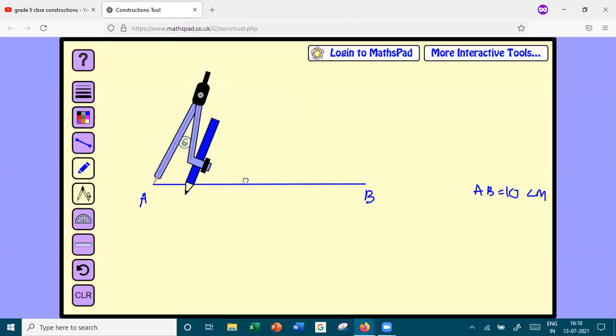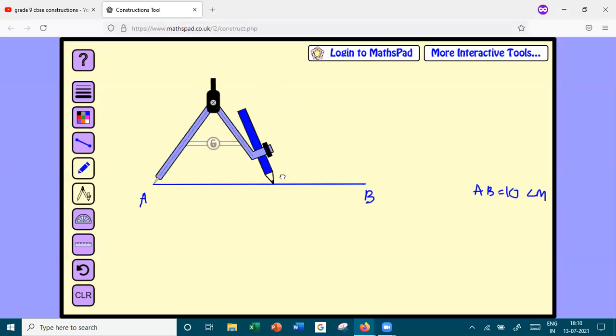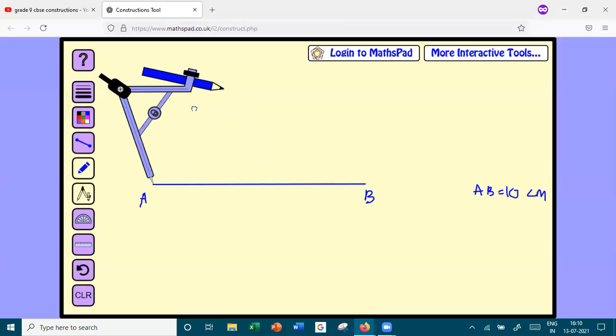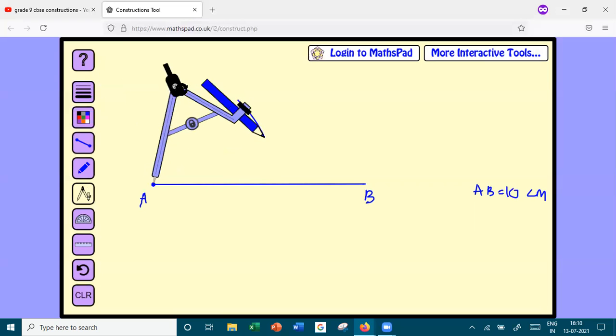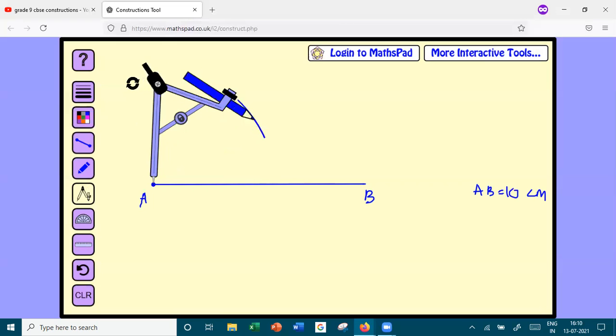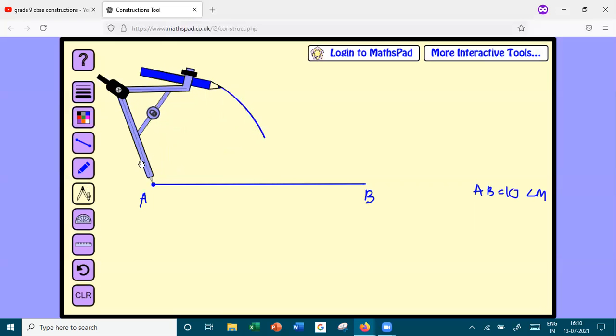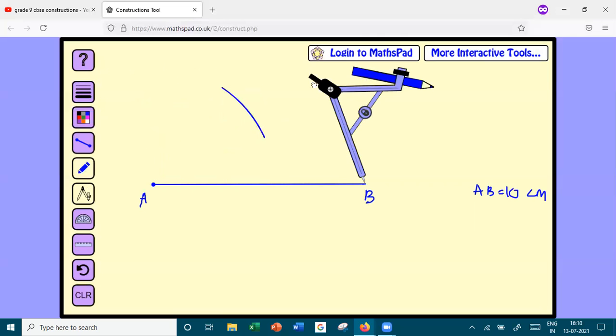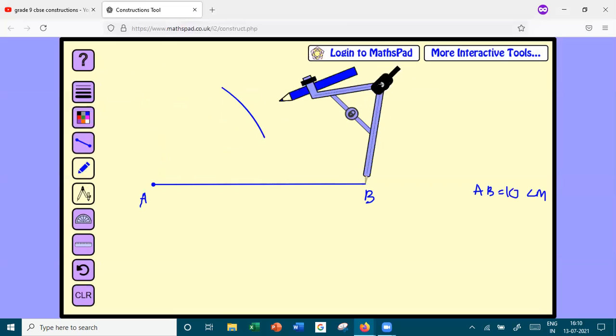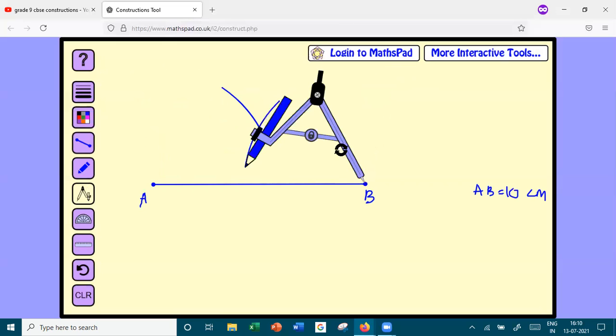Now make an arc, or make a cut here. Keep the radius the same, keep it on B, and do the same procedure.